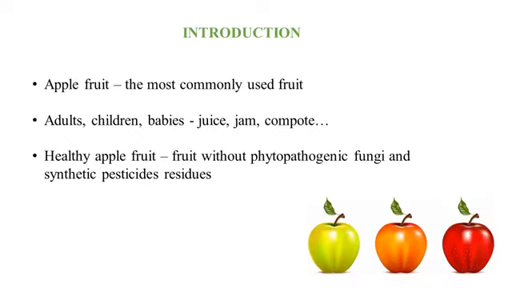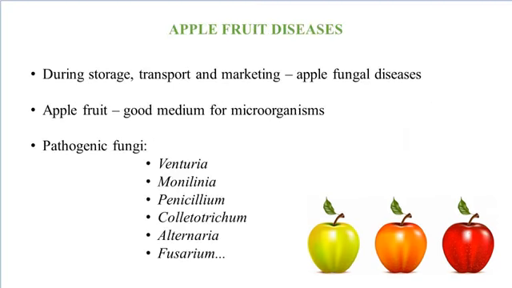The apple market is very demanding, so after successful production in the field, growers have to pay special attention to storage. According to the definition, a healthy apple fruit is a fruit without pathogenic fungi, but also without synthetic pesticide residues.